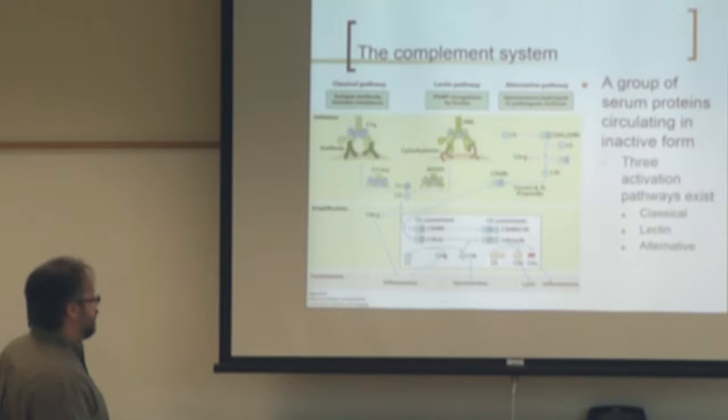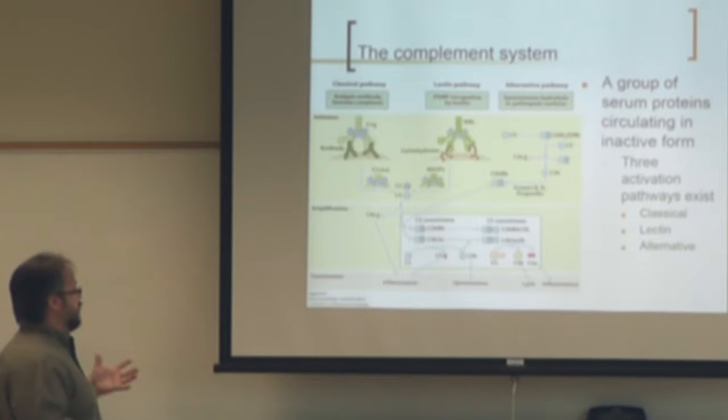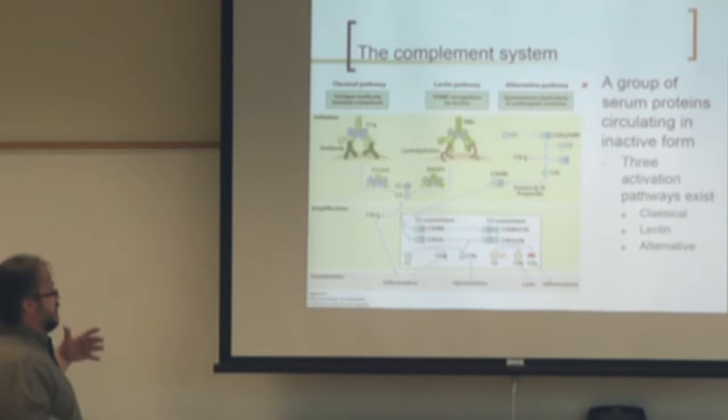And so C3, out of all of the complement, C3 is kind of the linchpin or the keystone to this cascade. Once you convert C3 into C3A and C3B, now you're going to get really the effects of the cascade, which cause opsonization.